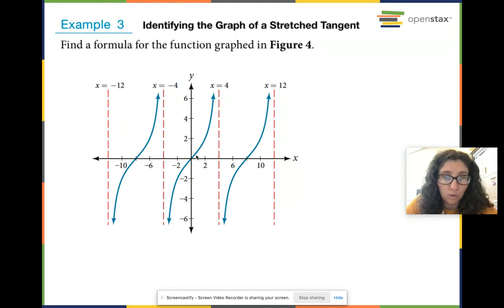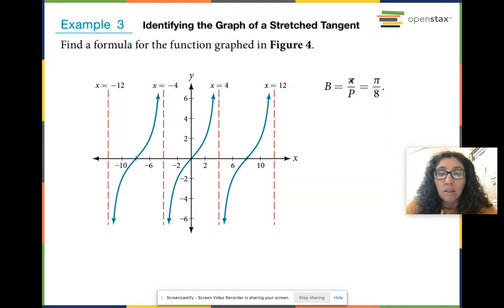Well, the amplitude we can see from this graph is going to be 2, right? These amplitude points are halfway between the center and the vertical asymptotes, and that value is 2. So our amplitude is going to be 2. And how about our period? Well, we can see our period goes from -4 to 4, so the whole period is 8.